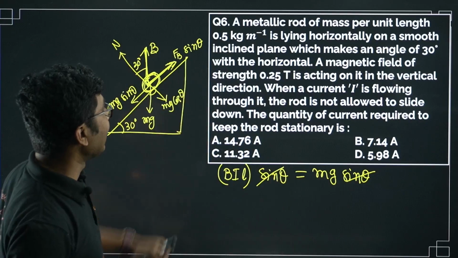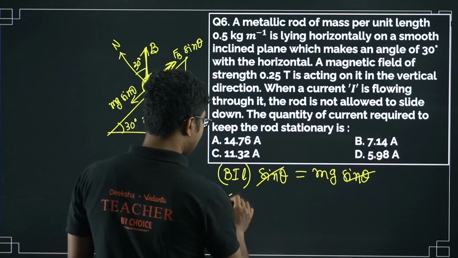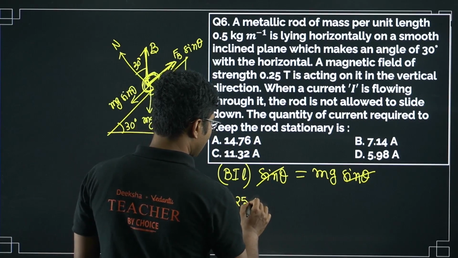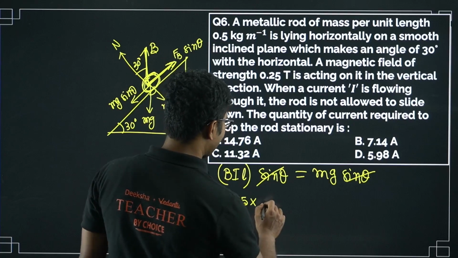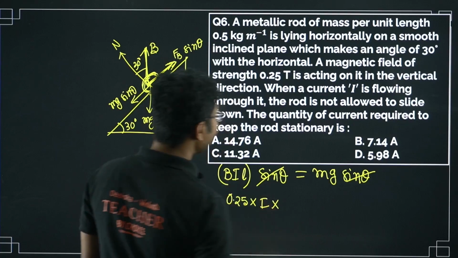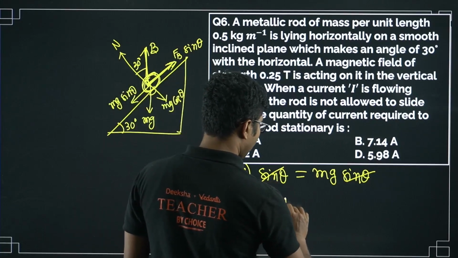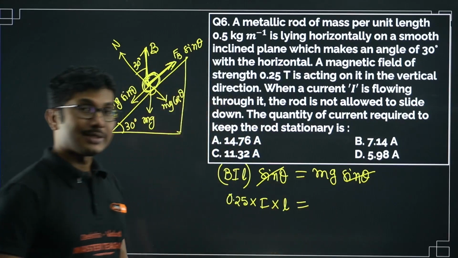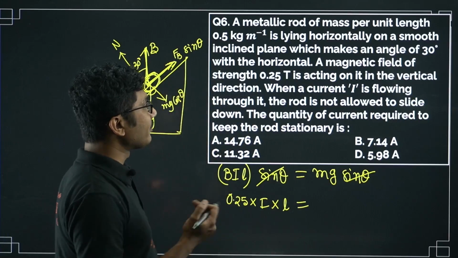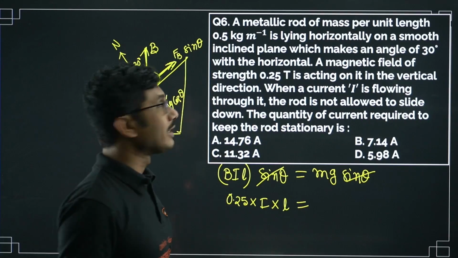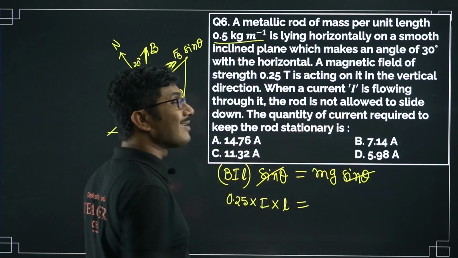Now sin theta is cancelled over here. B is given as 0.25 Tesla. Current is what we are trying to find. The length of the wire is not given. Similarly, the mass of the wire is also not given, but mass per unit length is given.